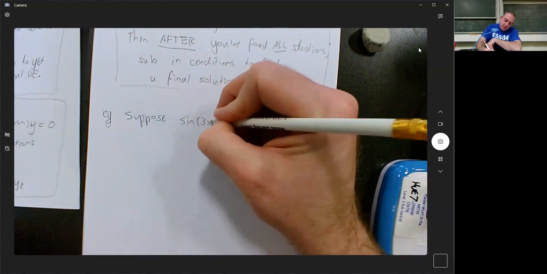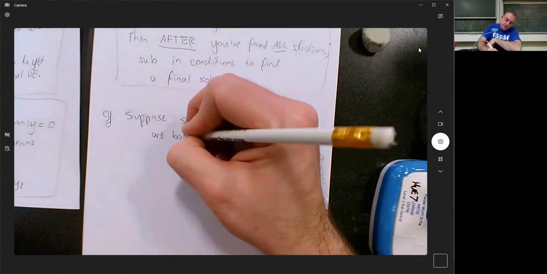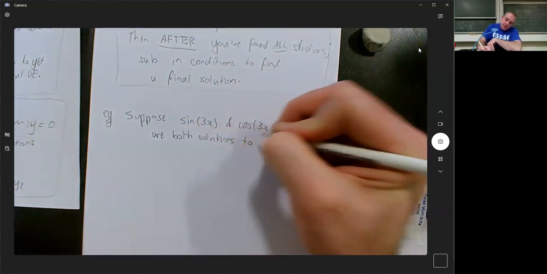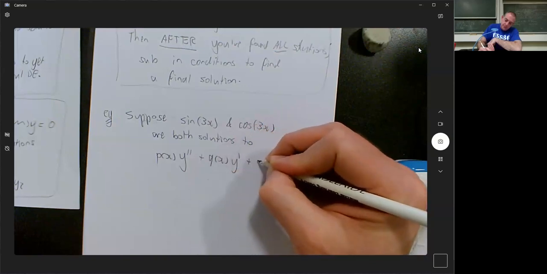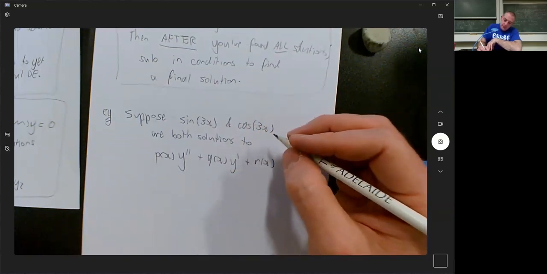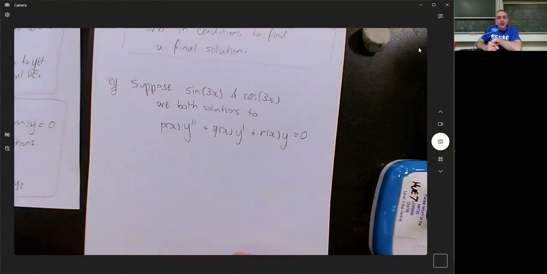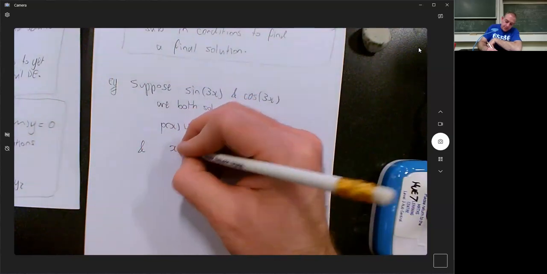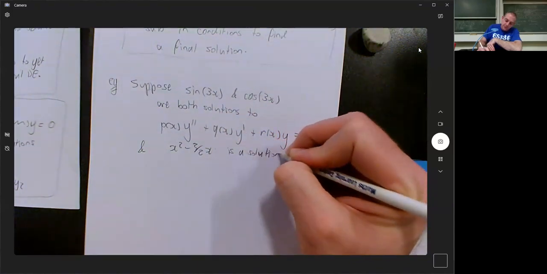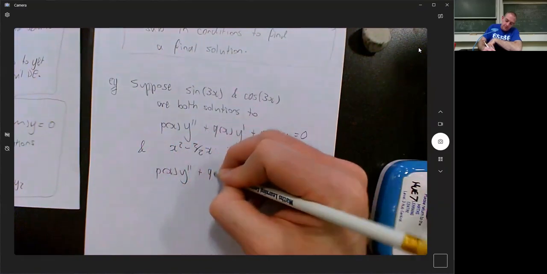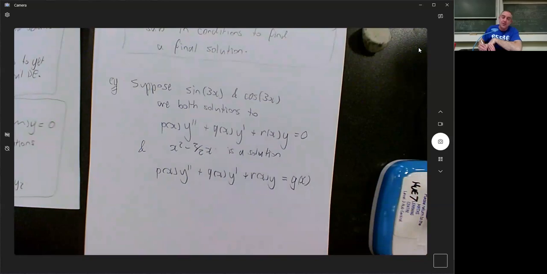Suppose sine of 3x and cos of 3x are both solutions to the homogeneous equation, and x squared minus 3 on 2x is a solution to the original.